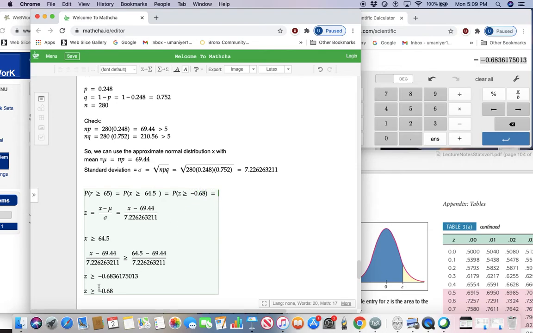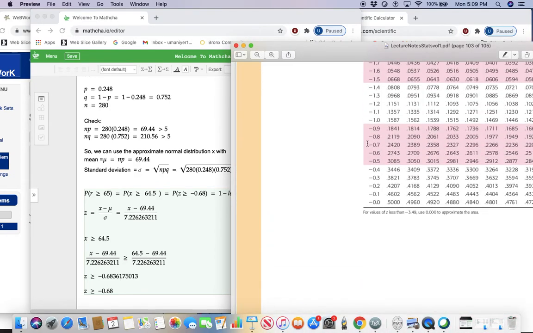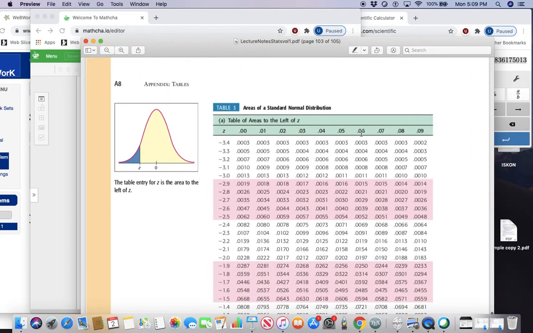Notice that greater than or equal is the right hand area. You obtain the right hand area by taking 1 minus the left hand area. That is 1 minus the left hand area for negative 0.68: negative 0.6, and then you have 8 somewhere here.